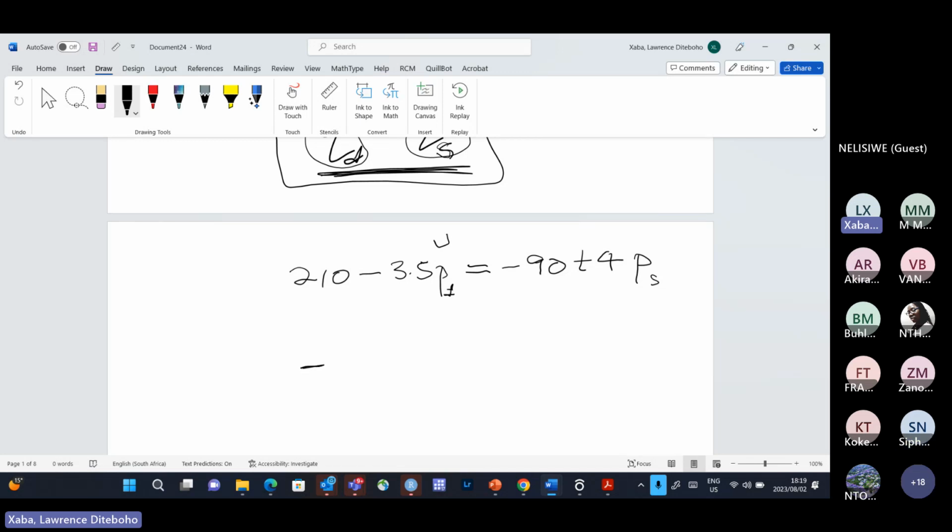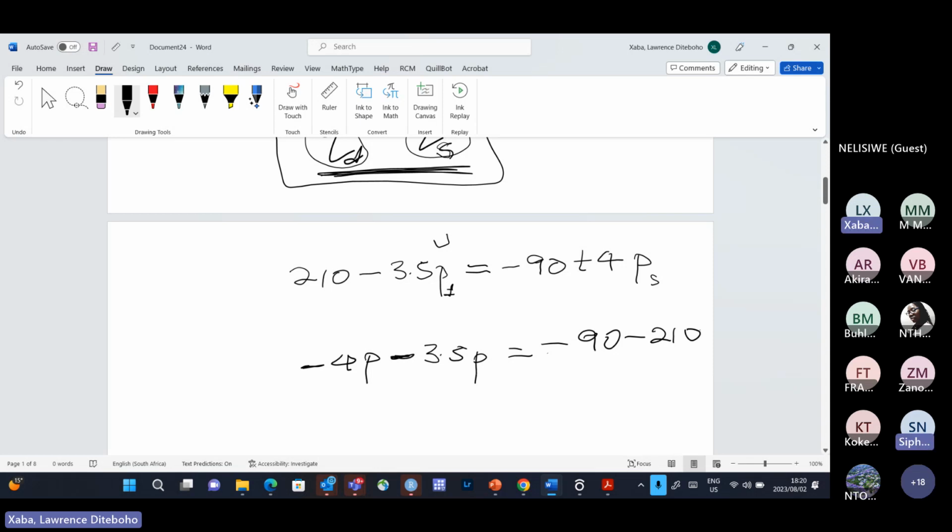Then you're going to have negative 4P minus 3.5P equals to, then we take a positive 210 to the right-hand side. There we go, so now we can do our calculations.